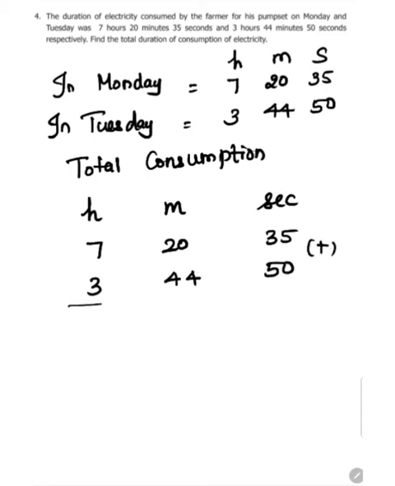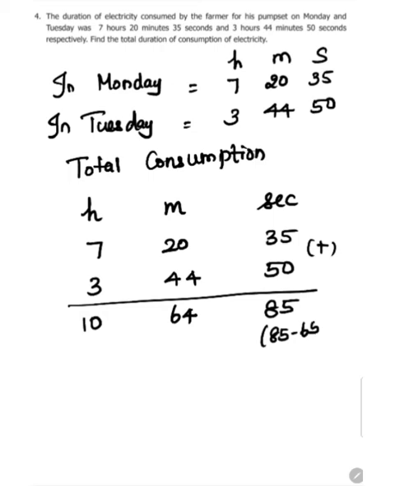Add these two. Here is 85, here is 64, here is 10. But we have only 60 seconds, so we take the 60 out. 85 minus 60, the answer is 25.